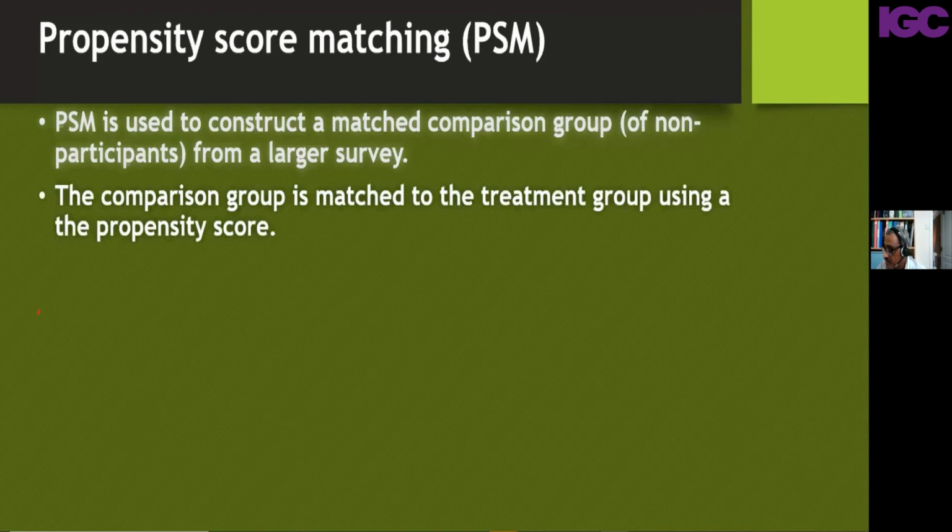So the comparison group is matched to the treatment group using a propensity score, which is the probability of an individual participating in the program. We will come to how we estimate the propensity score in a moment.